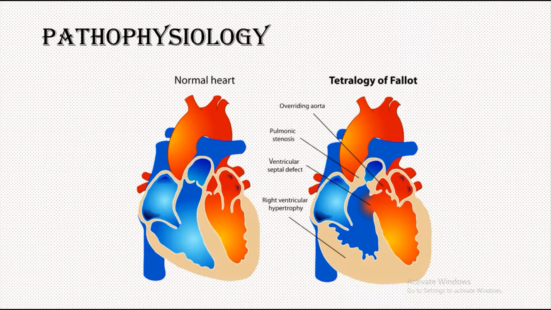So as you can see in this image, the normal anatomy of the blood flow of the heart compared to that found in the Tetralogy of Fallot. There are abnormalities: overriding of the aorta, right ventricular hypertrophy, VSD and pulmonary stenosis. So what really happens in this condition?